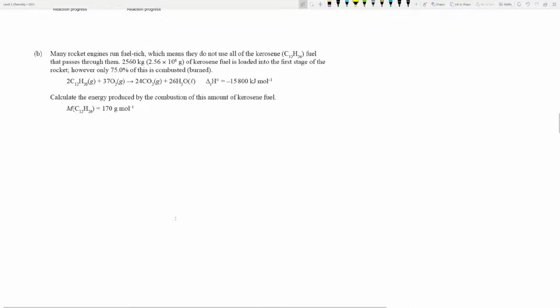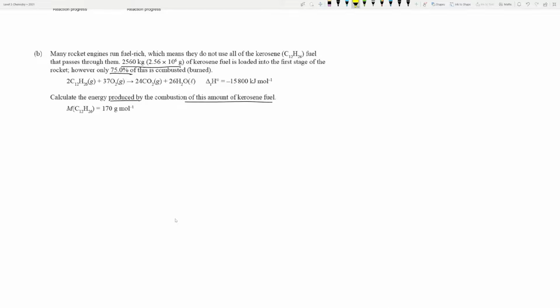Let's look at this one. Many rocket engines run fuel rich, blah blah blah. I'm just reading through. Okay, so there's a lot of grams of kerosene fuel loaded into the first stage. However, only 75% of this is combusted. Calculate the energy produced by the combustion. This is something that I'd recommend people identify straight away.